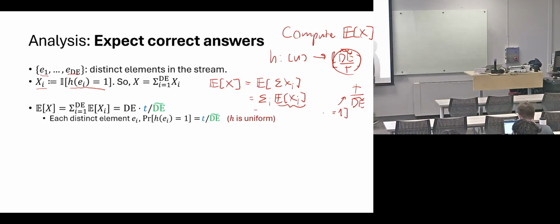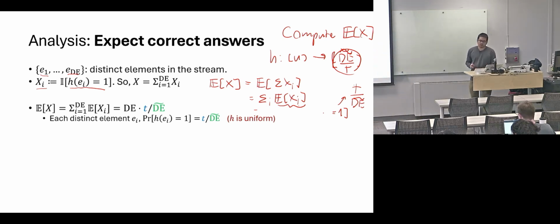We get that this is D times T over D-tilde, just because each distinct element is hashed to 1 with this probability, because we know that h is uniform. h maps things uniformly.